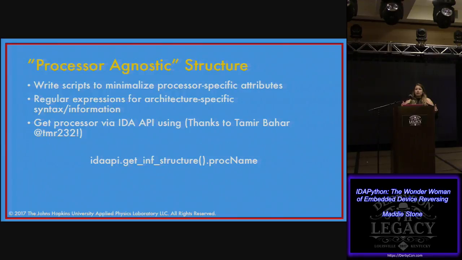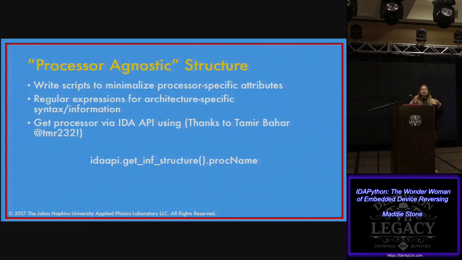But what is this processor agnostic structure? How do we do this? How do we continue writing and building tools that aren't specific to syntax and the actual chips we're looking at? So the first way that I went about thinking this is all of these came out of the fact that I was writing the same scripts over and over again, but for specific syntax. I was like, okay, I'm looking at C166 now.